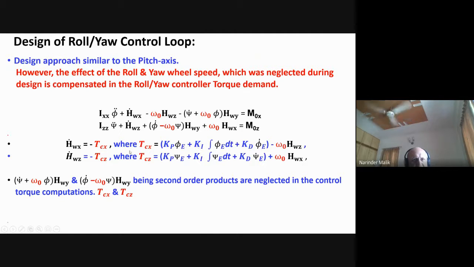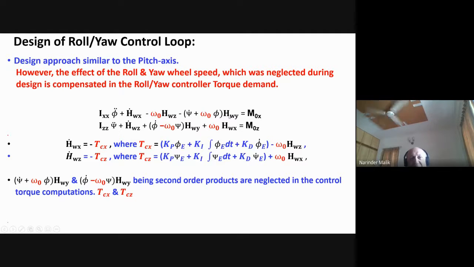So what you do is, earlier we took HWX dot is equal to minus TCX, where TCX is equal to resistance. So what we can do is, we can say HWX dot is nothing but minus TCX, minus this term should be equal to 0.